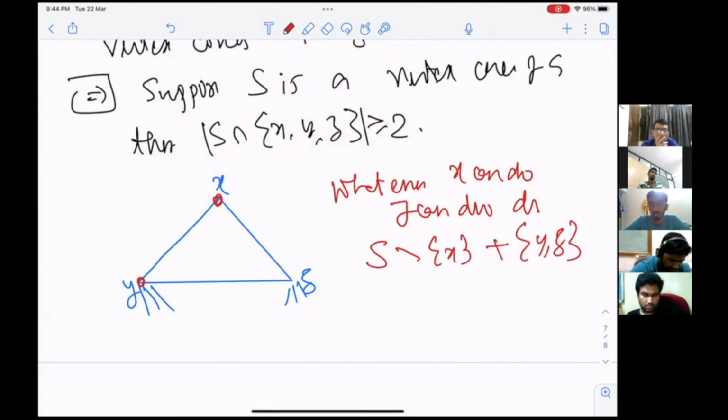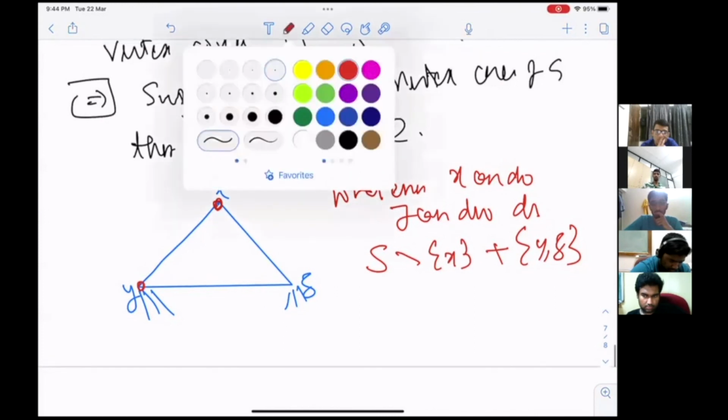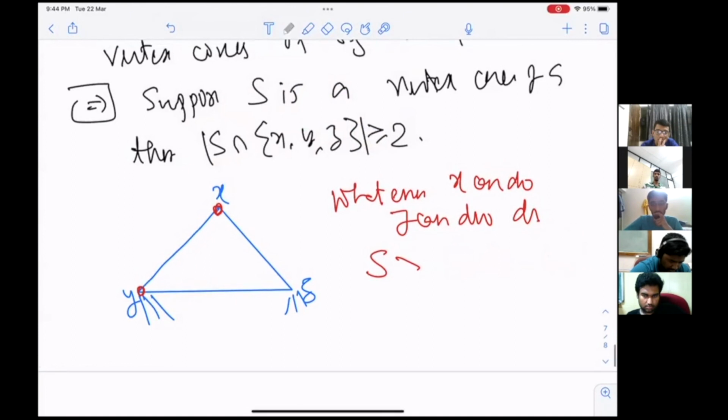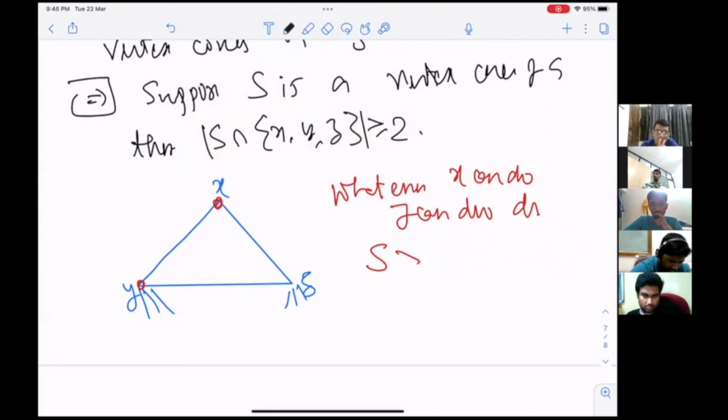Now, its size is not going to increase by adding Y and Z. Because think for a minute, or rather, just to make life easier, let's say S minus {X, Y, Z}, I deleted everything and I added back Y and Z. Definitely the size of S will not increase.